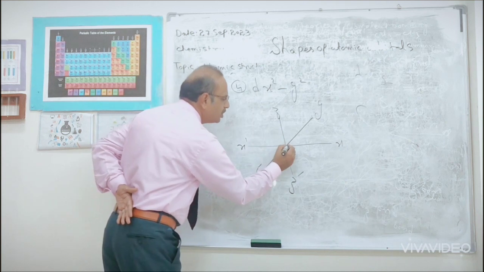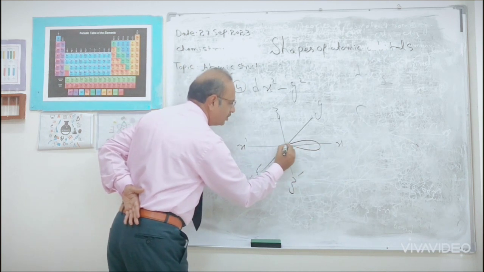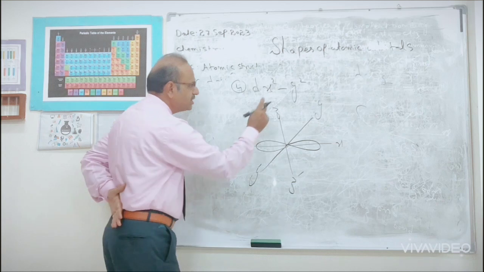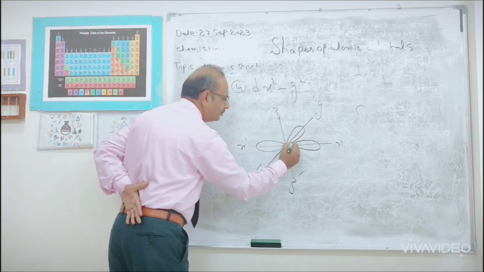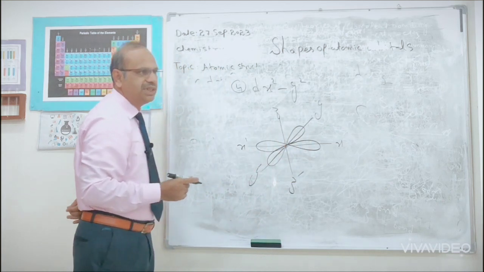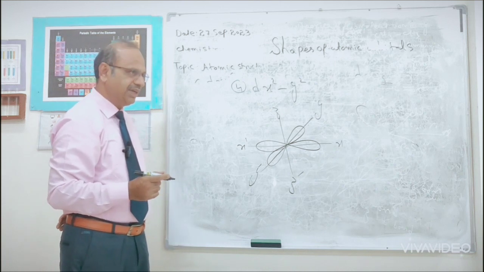So it is on x squared, look, and on y squared, look. So it is dx² − y².